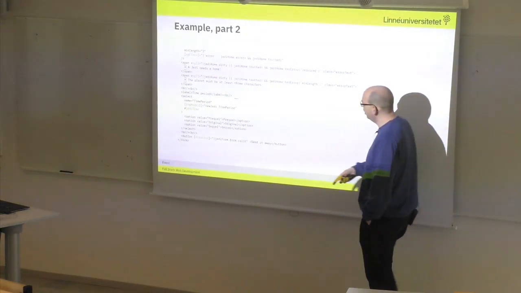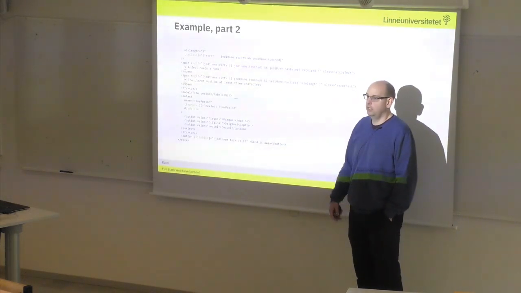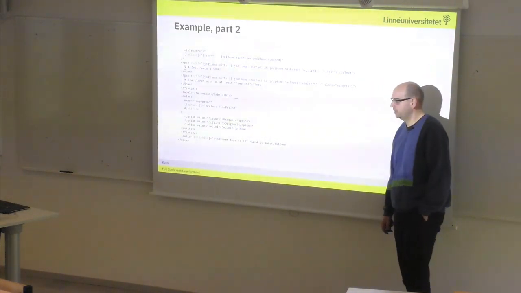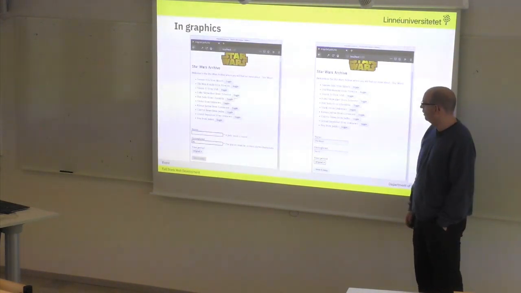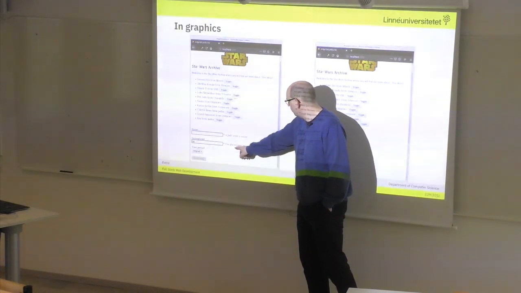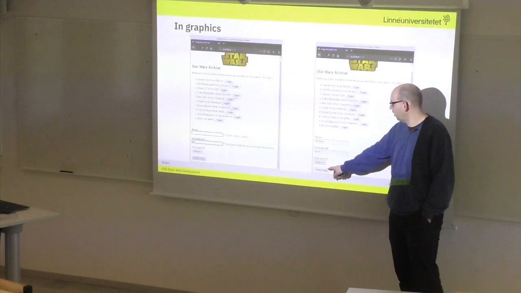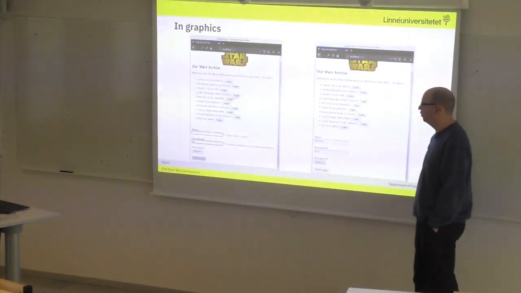And we only show the button if the form is valid in this case. So it will look something like this. Jedi needs a name, the planet must have at least 3 characters, and when we get everything right, we can push the button.